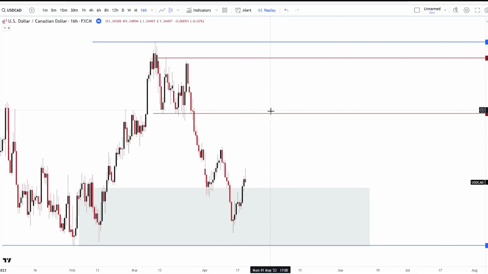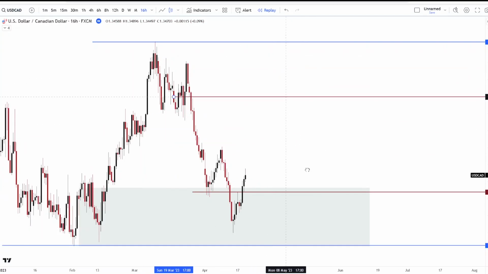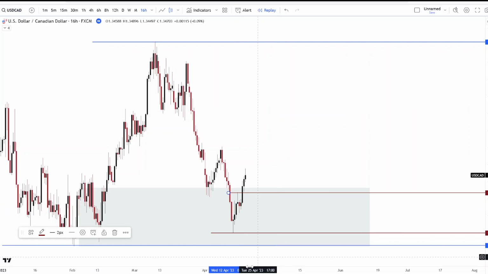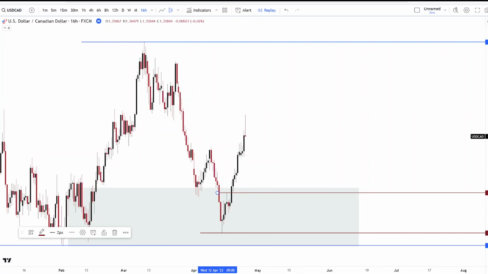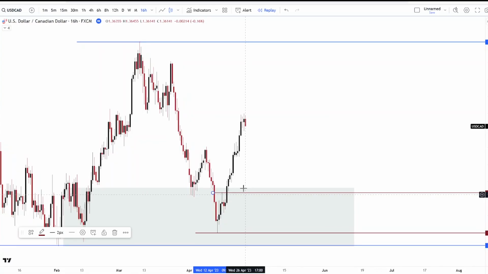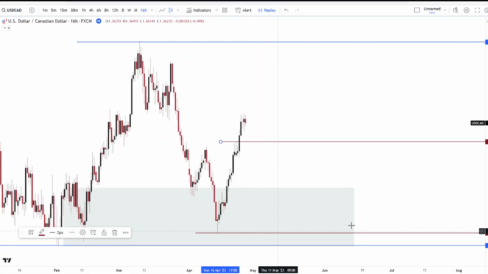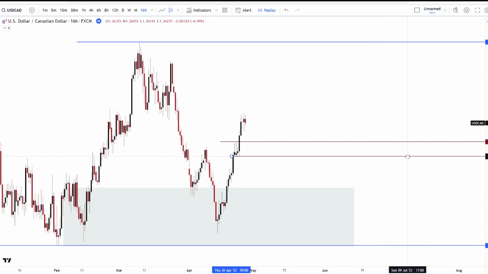Now we have a break of structure. So this is our swing low and this is our swing high. Swing high and our swing low. See if we can get a pullback. Here we don't get a pullback. We have this level right here, which would be on a lower time frame because we don't have anything current.